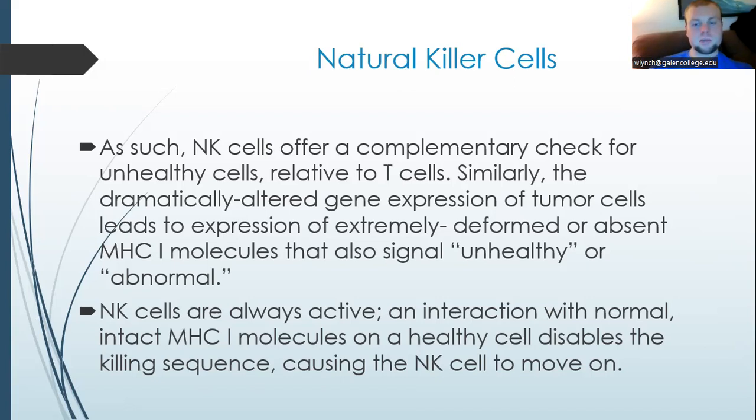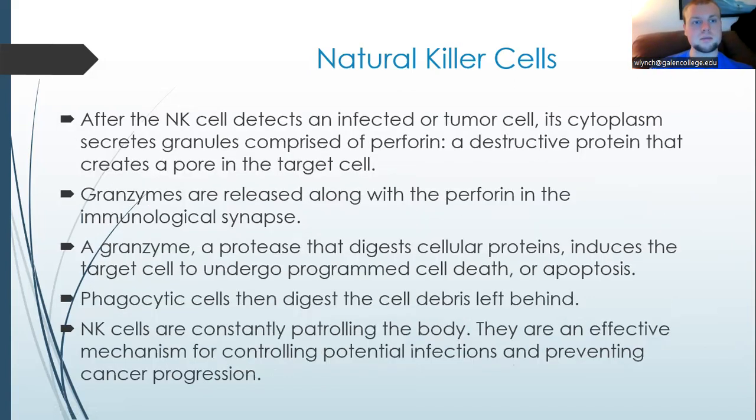They're going to be present in the blood in most cases. Whenever they come across a normal MHC complex or a self-MHC complex, if they do happen to come across it and they happen to attach to it, this self-intact MHC molecule will be able to negate the natural killer cell from releasing its cytotoxic chemicals. And that will cause the natural killer cell to move on to another cell population because they realize that this cell is healthy and should be there.